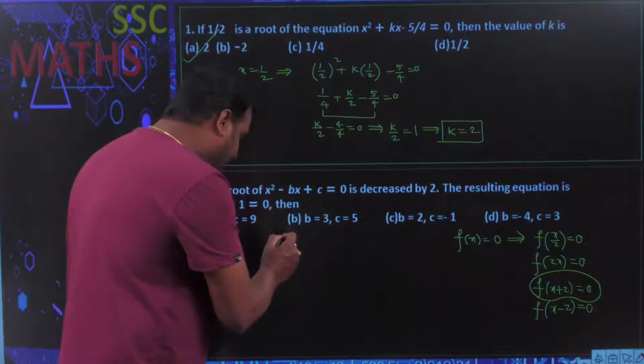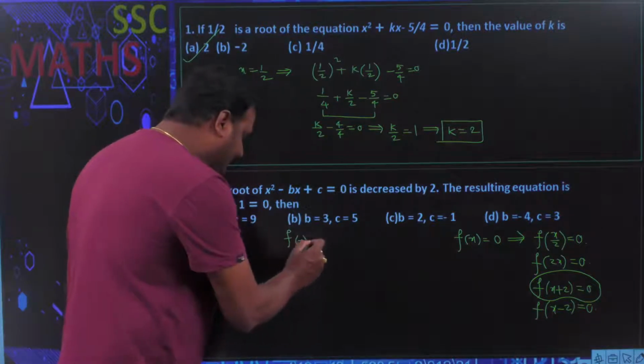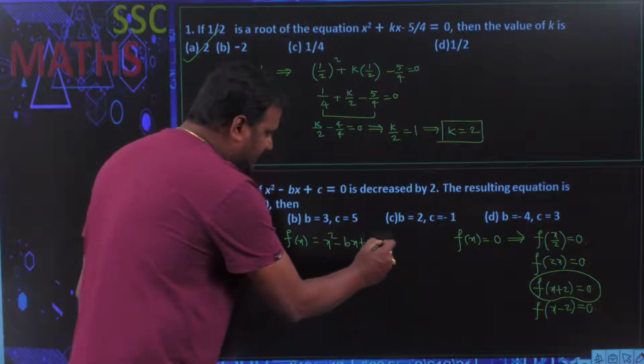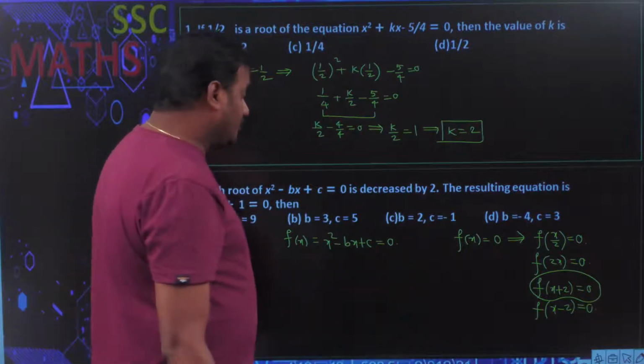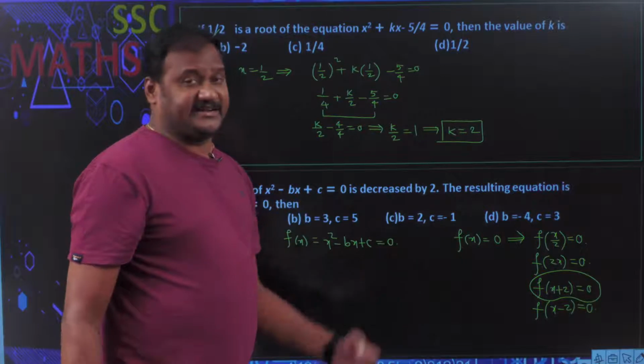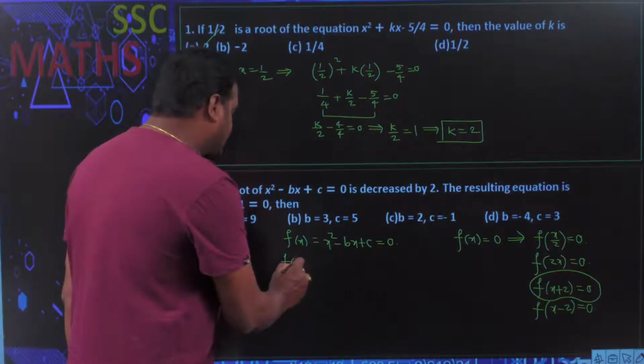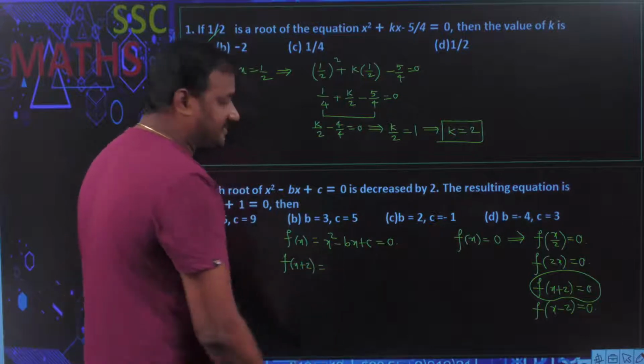So, here f of x is given as x square minus bx plus c is equal to 0. Whose roots are decreased by 2 means f of x plus 2 is equal to 0. So, substitute x plus 2 in the place of x.